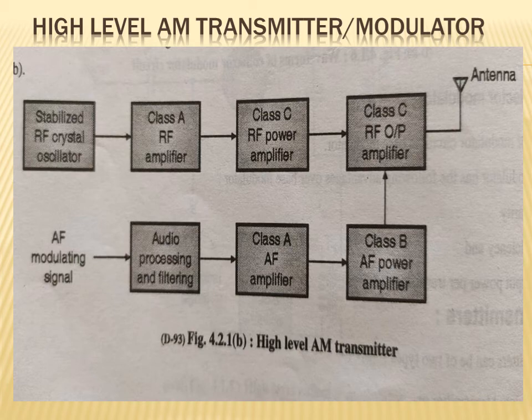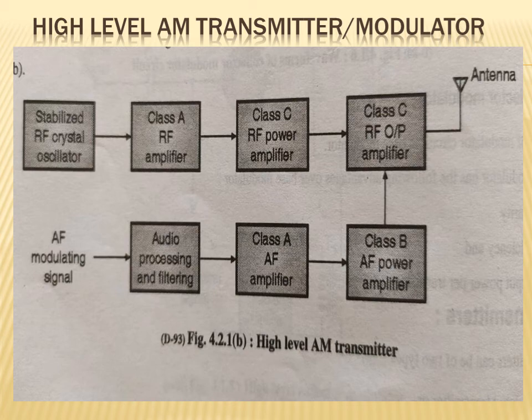First, the RF crystal oscillator, class A RF amplifier, class C RF power amplifier, class C RF output amplifier. And the modulating signal is applied to the audio processing and filtering, class A AF amplifier and class B AF power amplifier. First the carrier signal is generated by the stabilized RF crystal oscillator. Then the signal is amplified using the class A RF amplifier. Then its power level is increased using the class C RF power amplifier.